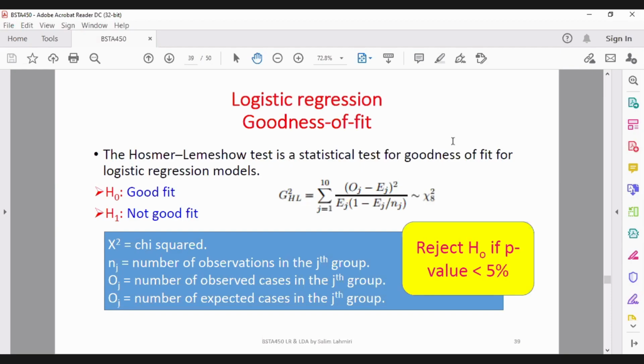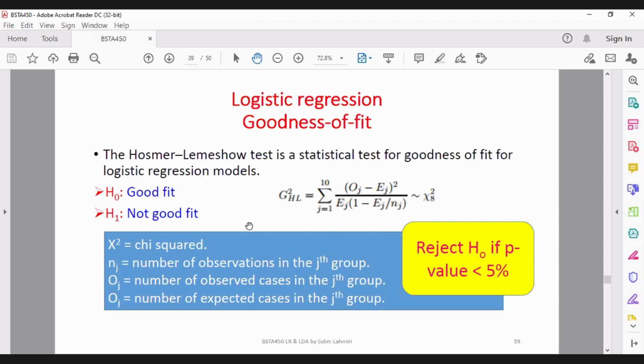If you remember well, for multiple linear regression we used the adjusted R-square to evaluate the goodness of fit of the regression. For logistic regression, we use what we call the Hosmer-Lemeshow statistical test. Under the Hosmer-Lemeshow test, the null hypothesis is that we have a good fit, and the alternative hypothesis is that we do not have a good fit. The decision rule is to look at the p-value.